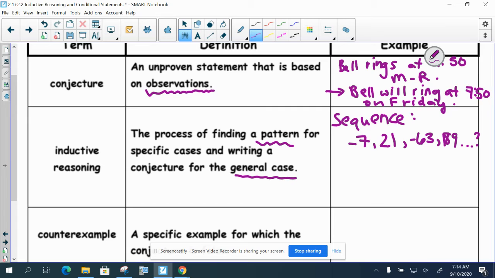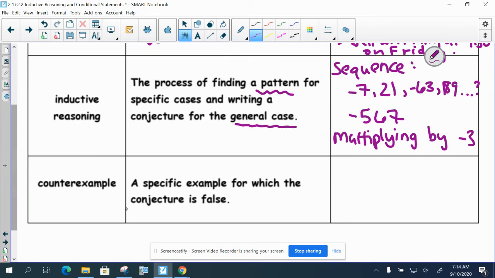So I'm going to do a little calculation here. 189 times -3 is -567. So we're noticing a pattern, and we make a conjecture about the next number in the sequence, and we could also make a conjecture for the general case by describing the pattern. We could say that you're multiplying by -3.